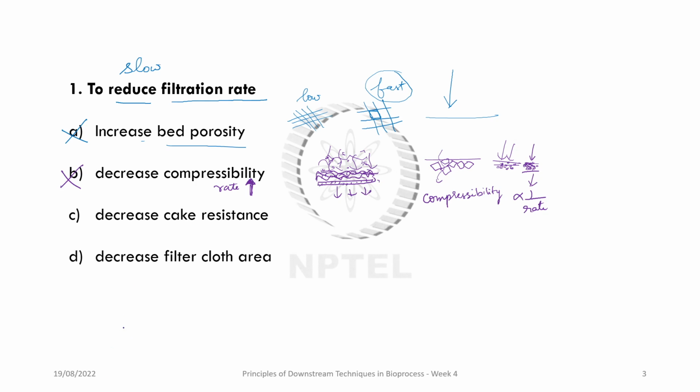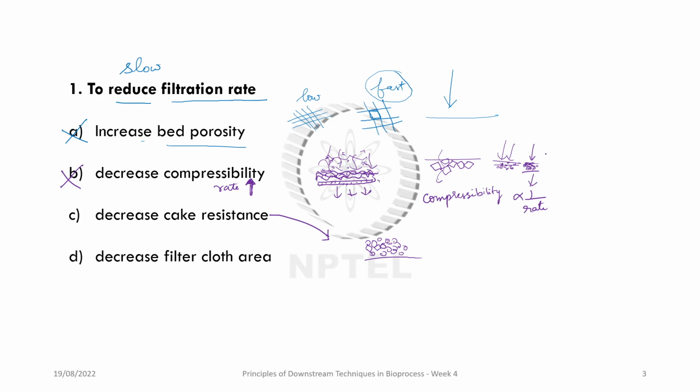Option C, decrease cake resistance. So what happens now? Instead of compressibility, you are decreasing cake resistance, which means it is going to be even more compressible. Correct?